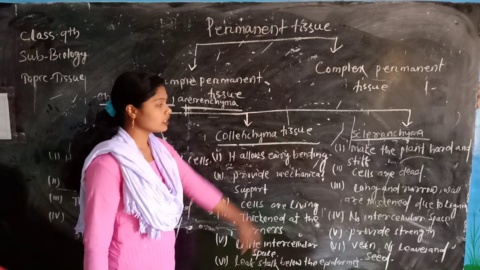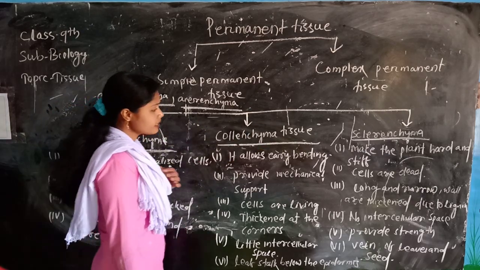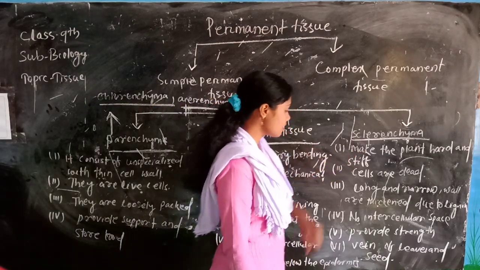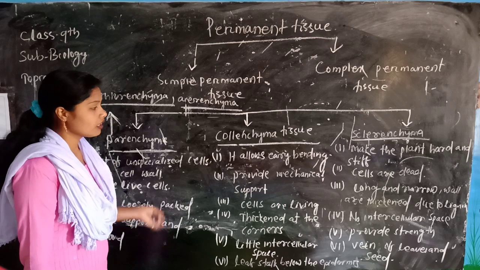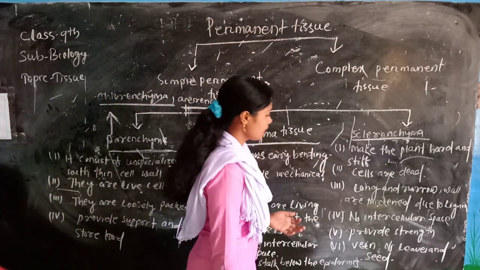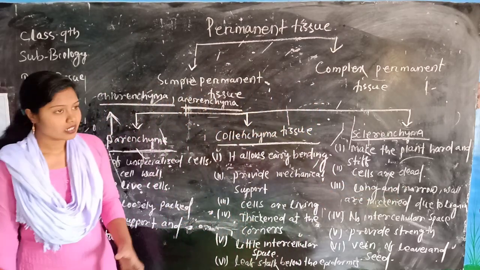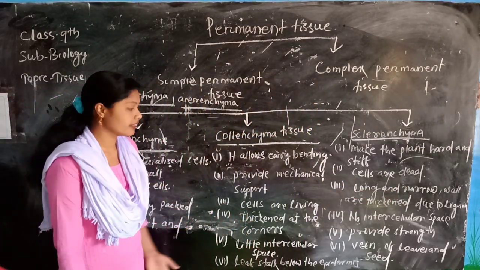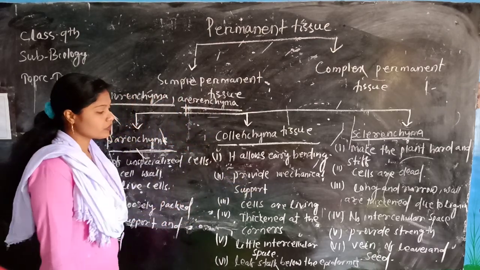So the third one is sclerenchymatous tissue. It makes the plant hard and stiff. Cells are mostly dead, long and narrow. Cell walls are thickened due to a chemical substance, that is, lignin. No intercellular spaces are present between them.